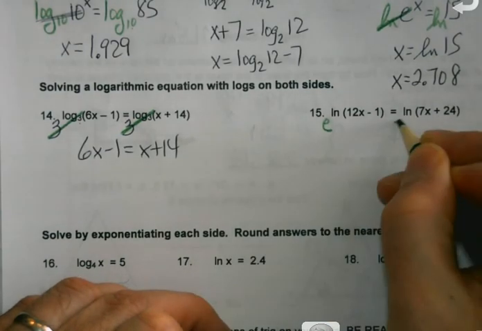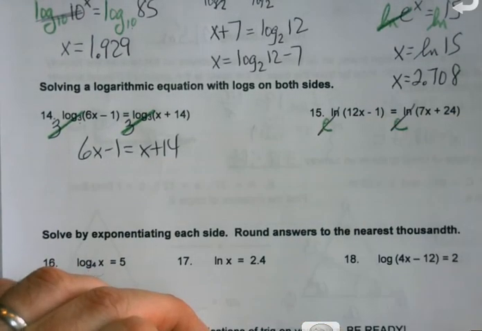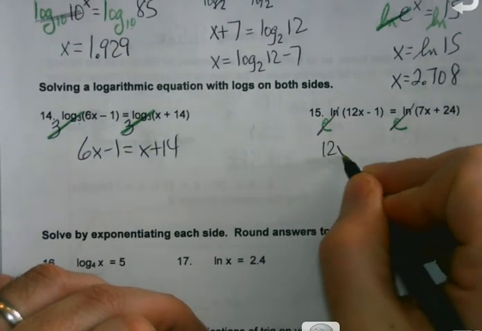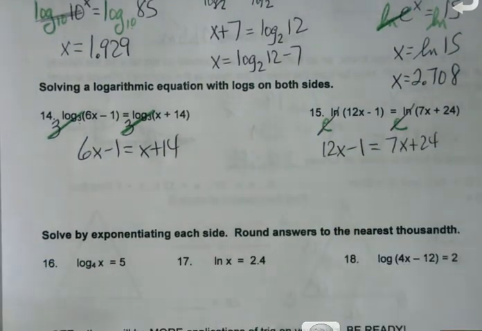Natural log and e are inverses. Again, those inverses get rid of that and just leave you with whatever you were taking them to. So again, nothing too terribly awful. So you're like, all right, it's kind of starting to come back here.